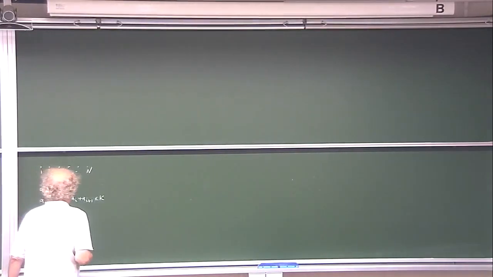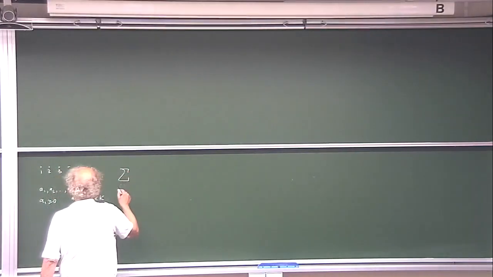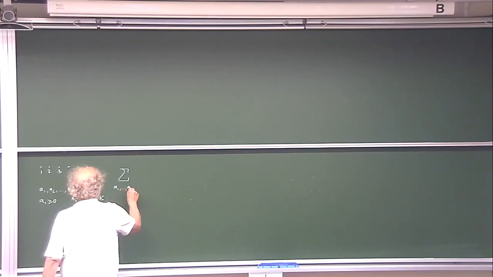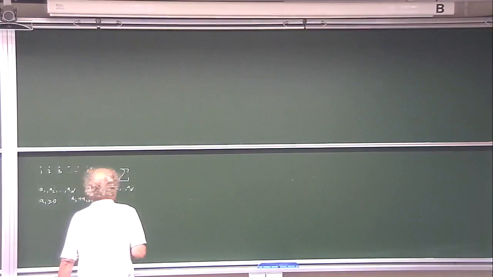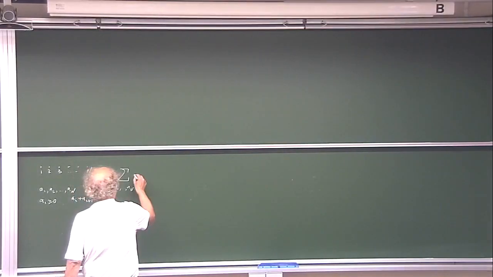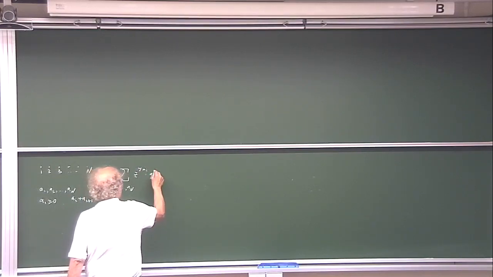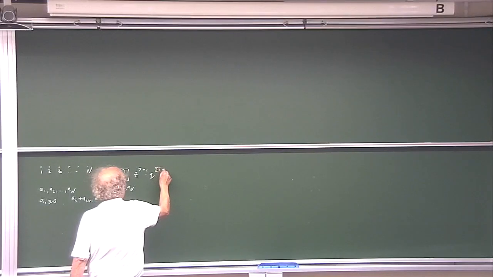And as usual, I'm writing the character type things by all possible A, and here I have still the sum of AI and Q to the sum of I times AI.